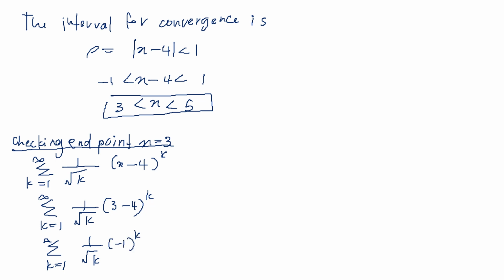By looking at this series, we can see that we have to use the AST test, right? So apply AST to this series. The first condition is the limit as k approaches infinity of 1 over square root of k.